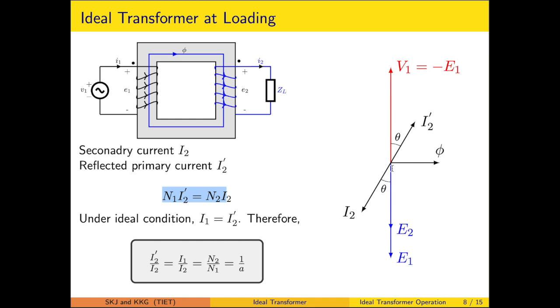Here, other than the current, the phasor diagram is the same as discussed previously. Here a lagging power factor load is considered. Because of the ideal nature, the angle comes out to be the same, and so on.